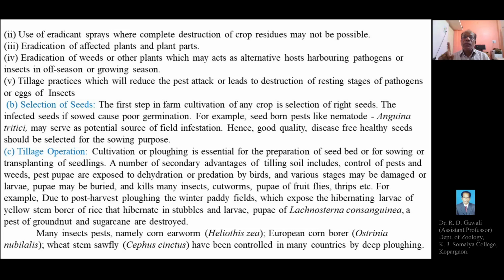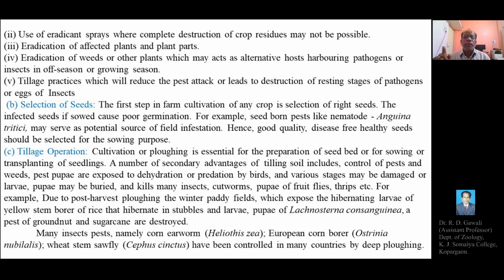So this is a seed-borne pest, belonging to the category nematodes, with the genus species Anguina tritici. This may serve as a potential source of the field infestation.